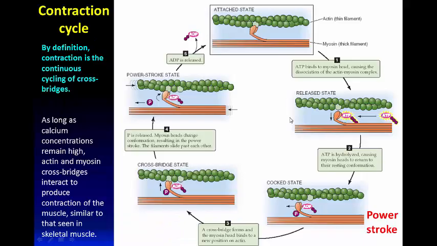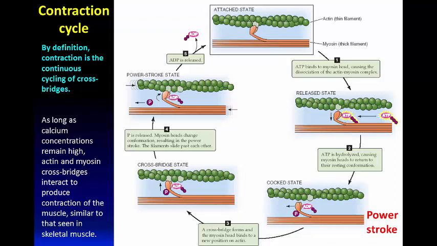So in this diagram we have the steps of the contraction cycle. These are the globular heads of the myosin molecule, and this is the tail of the myosin molecule. The globular heads of the myosin molecule are attached to their binding sites on an actin molecule.